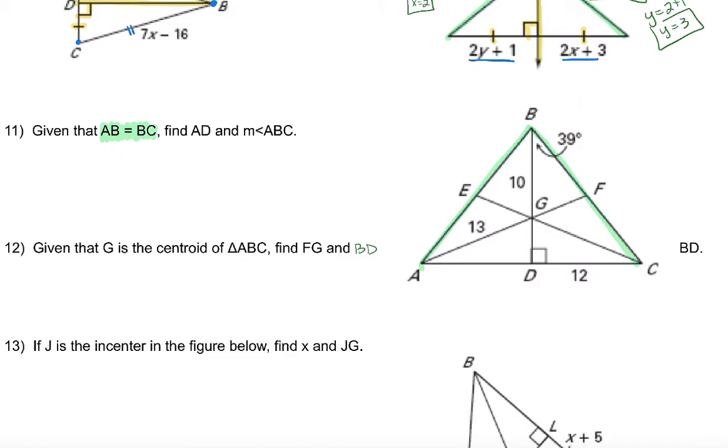What that tells me is that these two angles at the bottom are equal by the isosceles triangle theorem. And we want to find the measure of AD and the measure of angle ABC. So what is true is that if you have an isosceles triangle, which we have right now, and you draw in the height of that triangle, the height of the isosceles triangle will split the base equally.